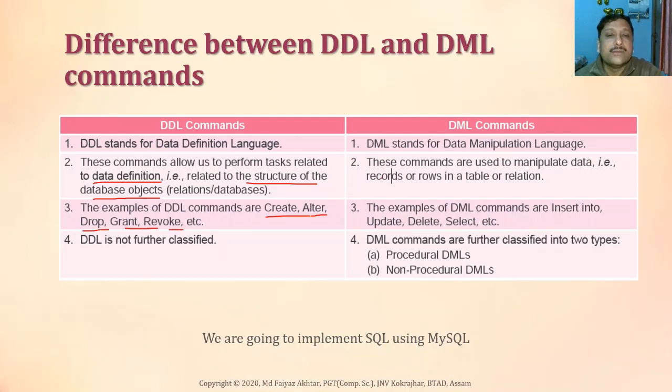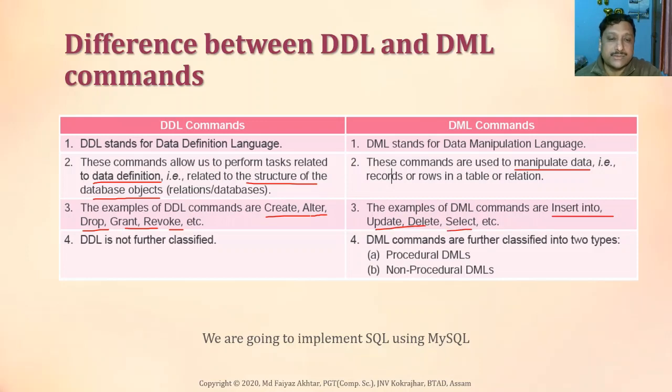Now, DML commands are used to manipulate data. We can retrieve data and we can update data, on records or rows in a table or relation. Examples of DML commands are insert into, update, delete, select.